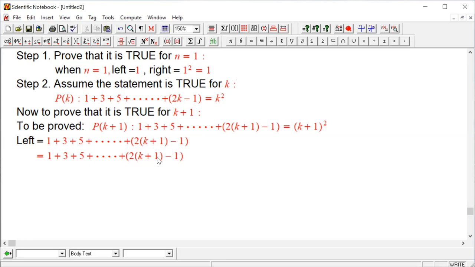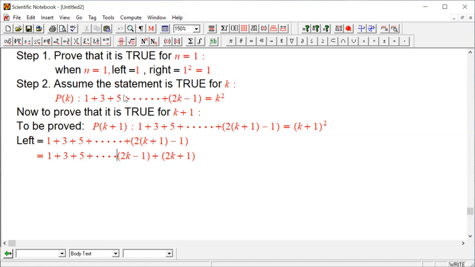So that's 2k plus 2 minus 1. So this is going to be 2k plus 1. So what is the odd number before 2k plus 1? In other words, the first k odd number, right? The first k odd number, of course, that's going to be 2k minus 1, right?